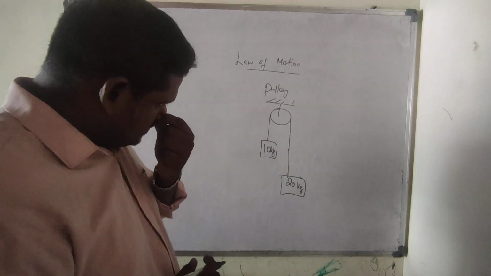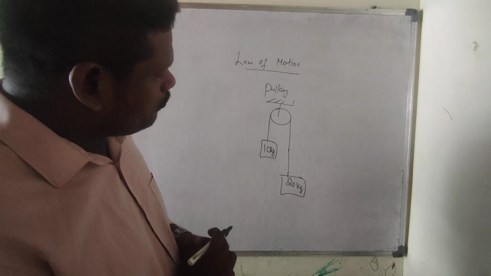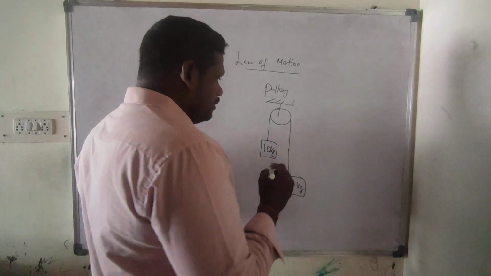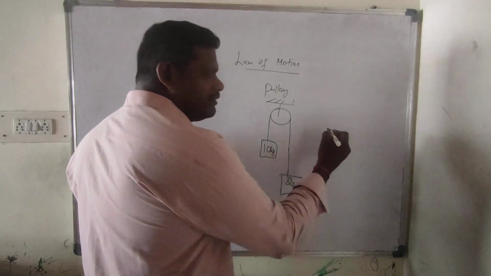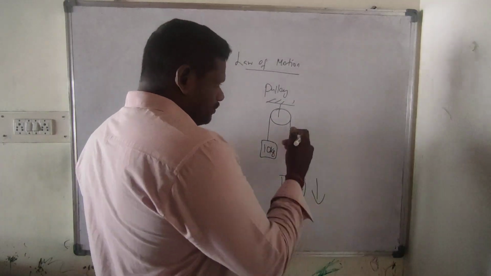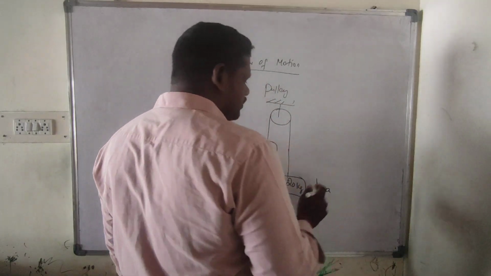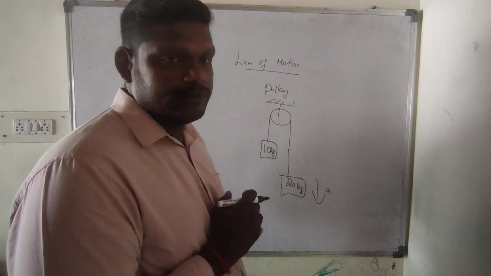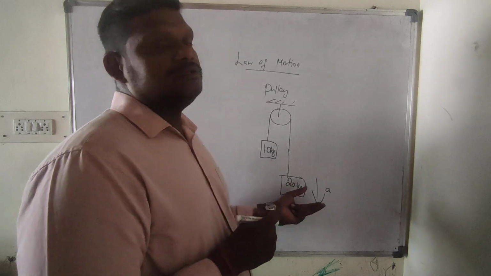In this situation, what formula do I have to apply for this question? We know very well that because of the higher mass, the acceleration is downward. What is this acceleration due to?